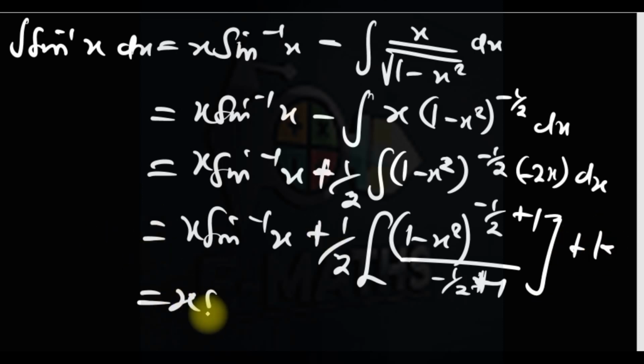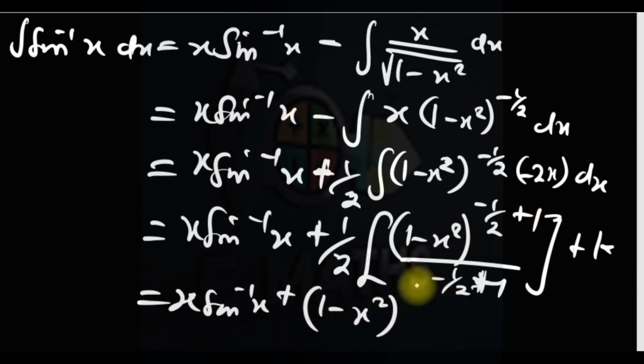So we have x sine inverse of x. Minus half plus 1 is half. This over half is now 2 times that. So we are left with 1 minus x squared raised to power half plus k. Do you get the 2 here? That's half reciprocated, so 2. So that's the answer.